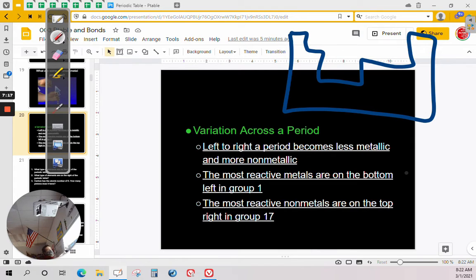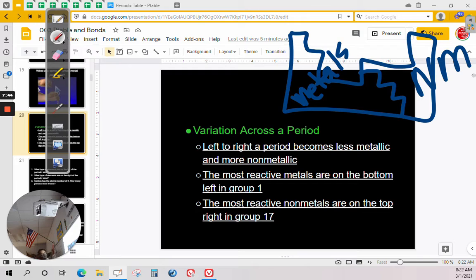So if going this way becomes less metallic, what do we have to start with? Right. So we're going to have metals over here. We have a stair step over here. So we start with metals over here and become less and less metallic. So what's over here? Non-metal. I'm going to put NM for non-metal.